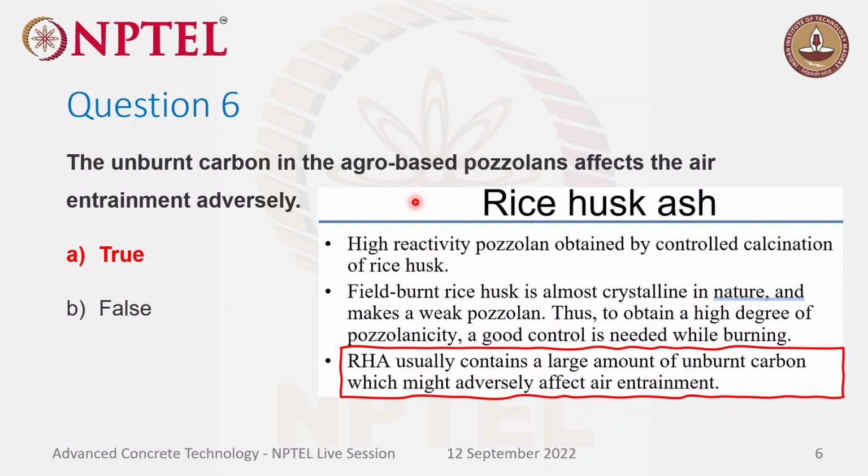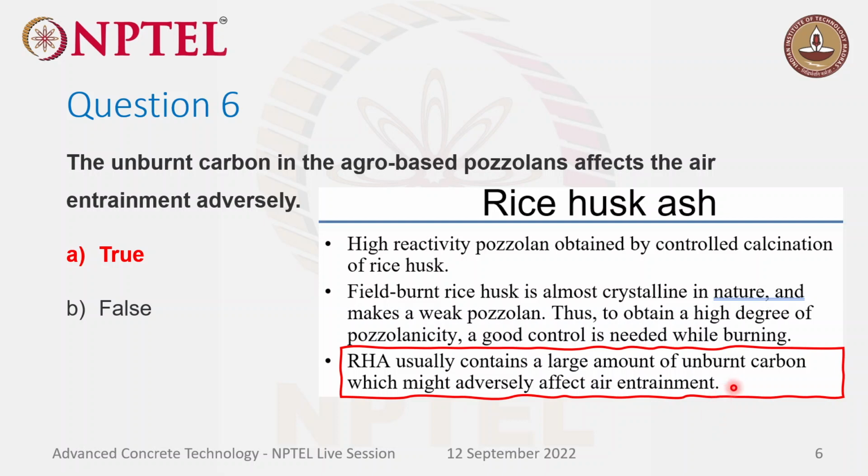Burning this kind of agro-based biomass is encouraged because it is a renewable energy source, since we are going to do farming again and again. So ash usually contains a large amount of unburned carbon, which may adversely affect air entrainment.